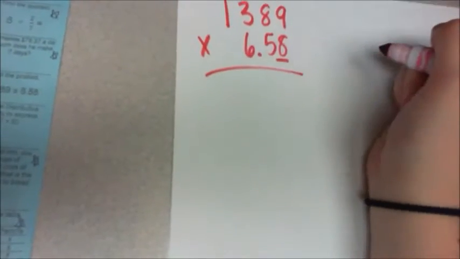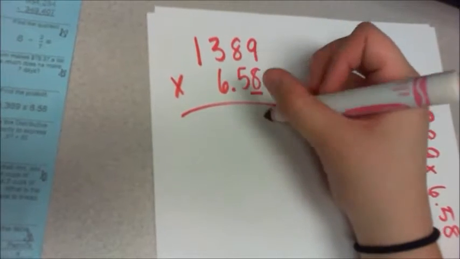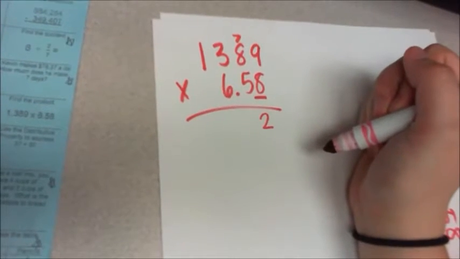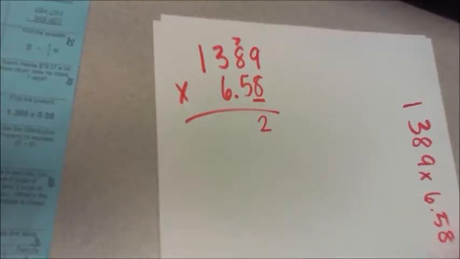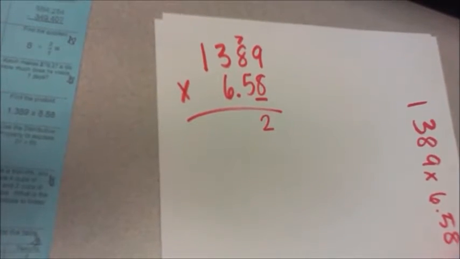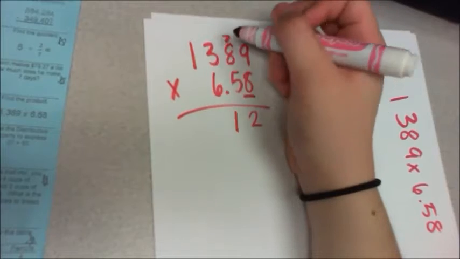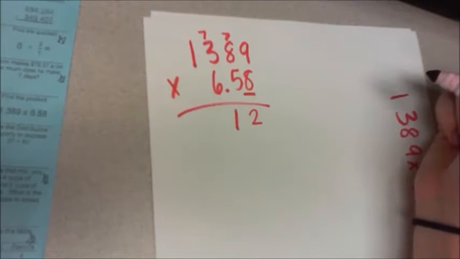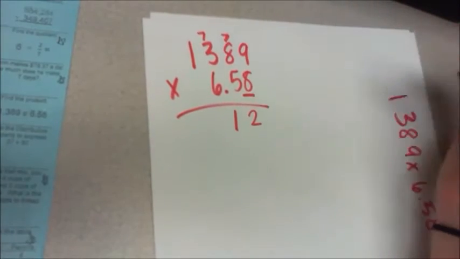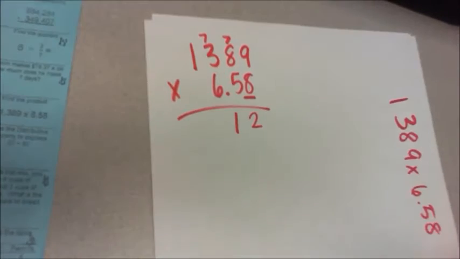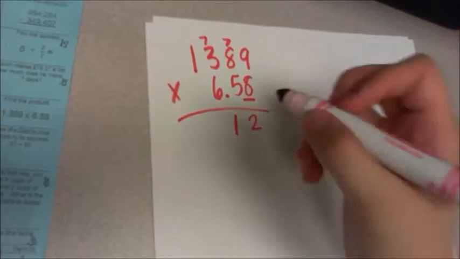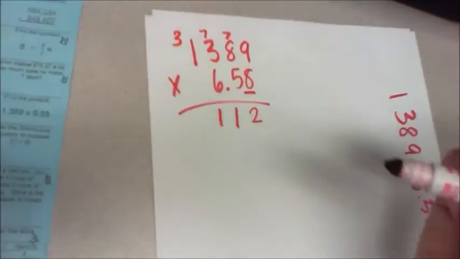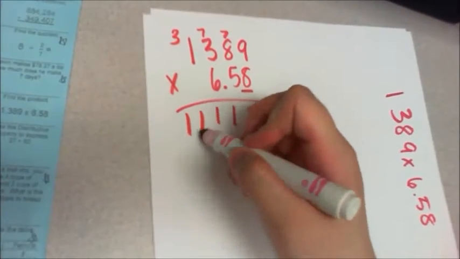So let's start with my ones place, the 8. 8 times 9 is 72, carry my 7. 8 times 8 is 64, plus 7 is 71, carry my 7. 8 times 3 is 24, plus 7 is 31, carry my 3. 8 times 1 is 8, plus 3 is 11.